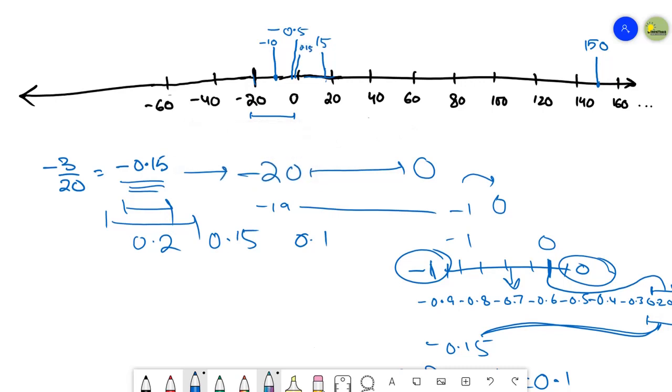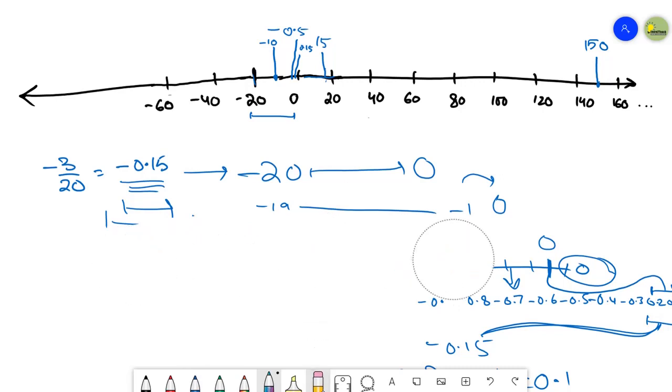You cannot plot exactly, but you must have an understanding of where its exact position would be, right? So it's just an approximation. We know that this value is going to be very, very near to 0, right? So you need to just plot like this, very, very close to 0 with a negligible distance, right? So this is how you need to plot your values using a number line.